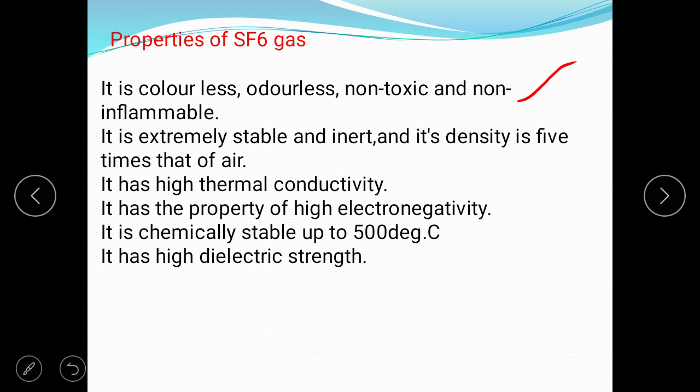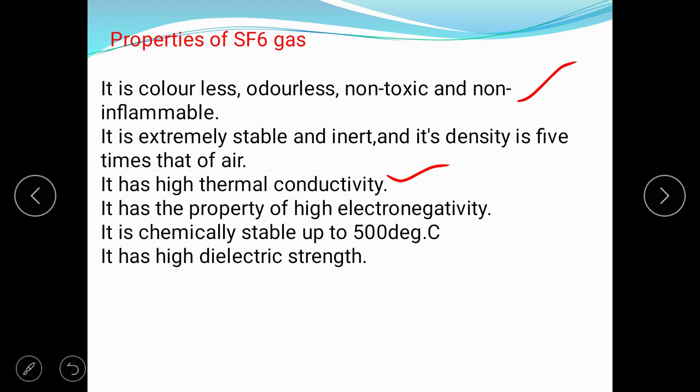Next property is, it has high thermal conductivity. It means it does not provide a conducting path at lower temperature. Means at higher temperature, which is more than 500 degrees Celsius, it behaves as a conducting medium, and below this temperature it behaves as an insulating medium.